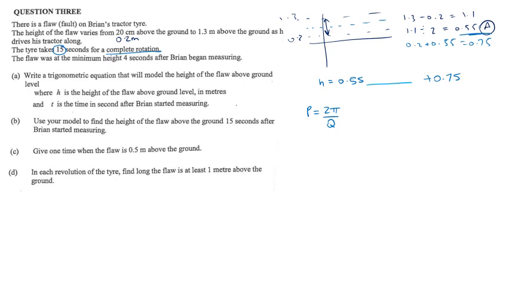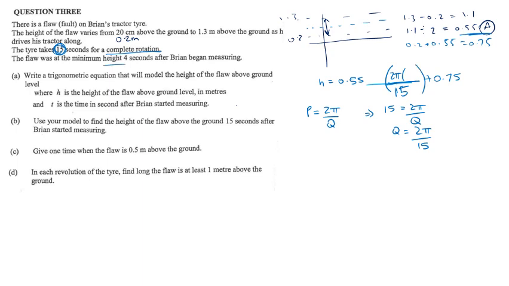So in this particular case, the period is 15, and we're trying to find that frequency. So in other words, frequency is 2 pi divided by 15. So in here, there's going to be a 2 pi over 15. All of that is over 15.